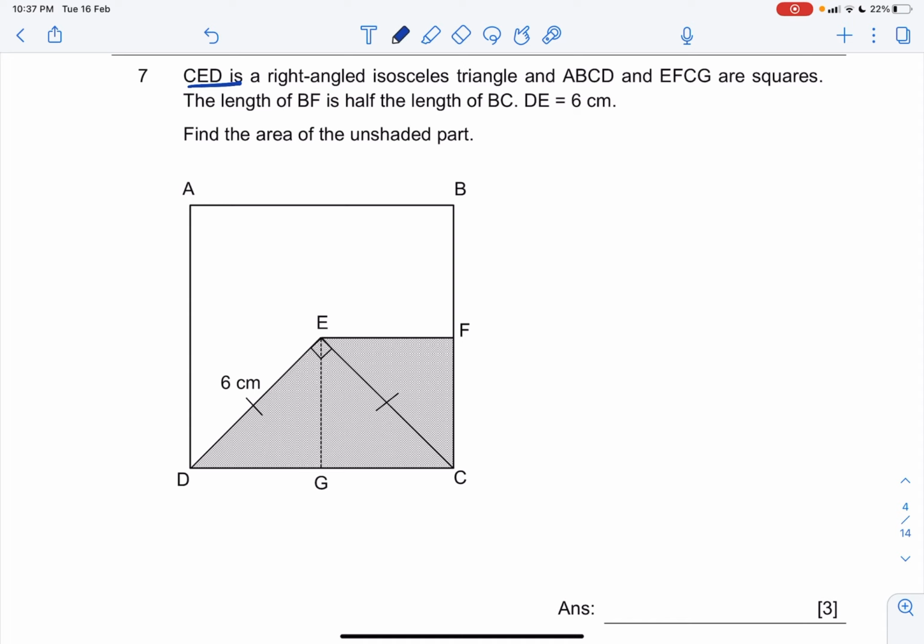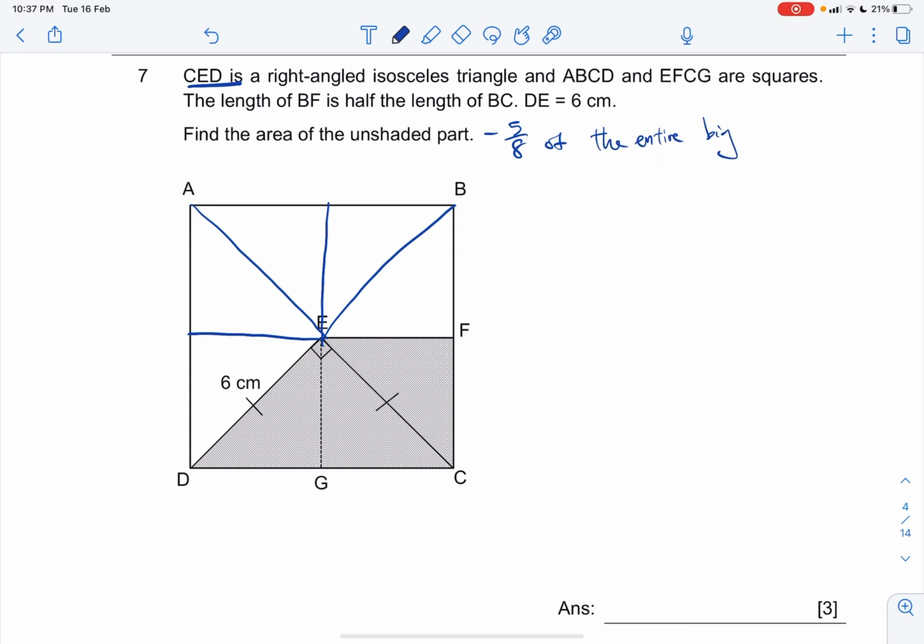And the trick here is to realize what fraction of the big square is shaded. So the unshaded part is 5/8 of the entire big square, which is ABCD. So this is 6, and this is also 6. So we could find the area of DEC.